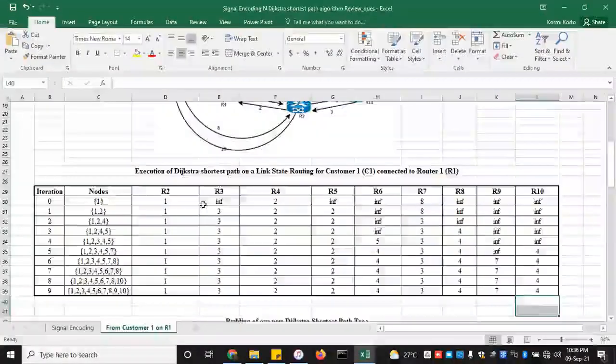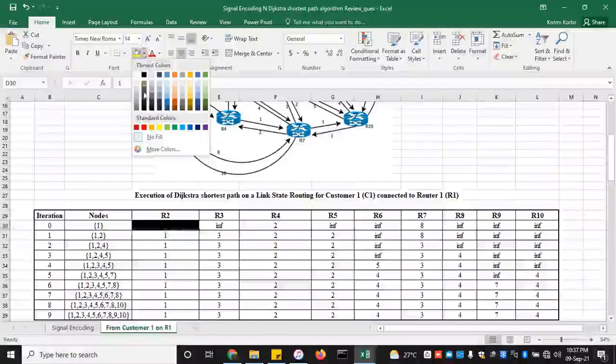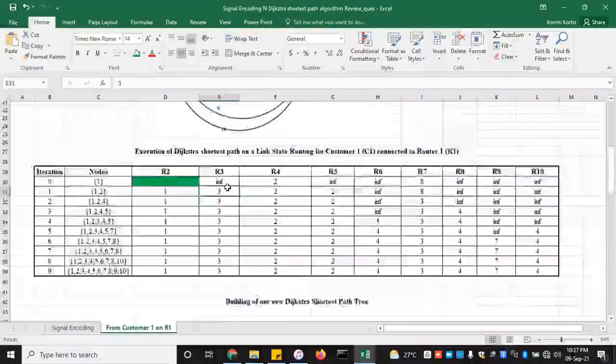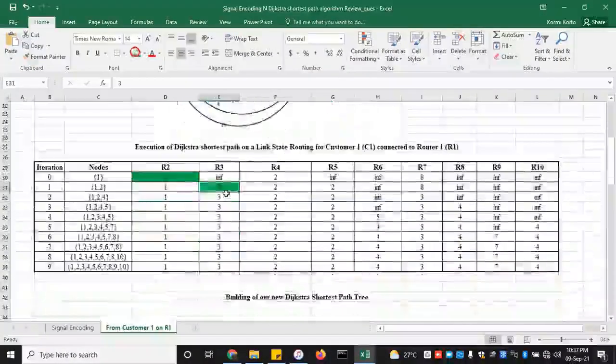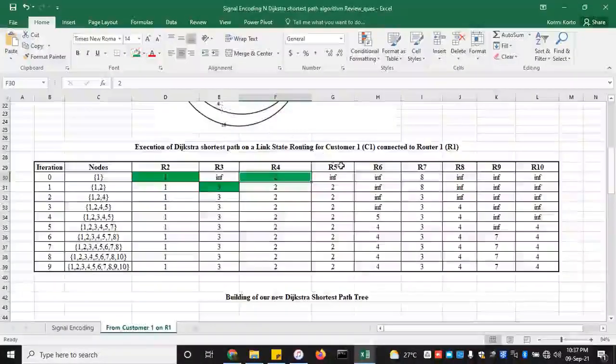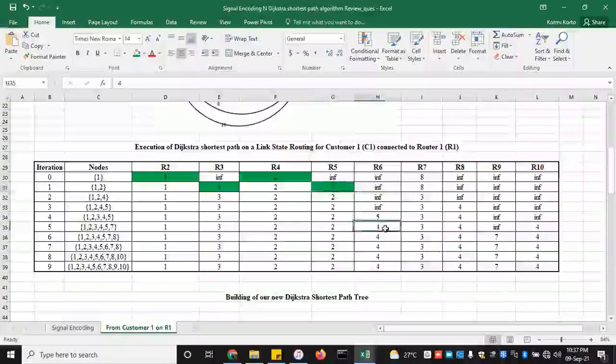So for router 2, the first one was the value. Okay, first value. Looking at 3, that is also its first value. 4, same. 5, out of this, the first is 2. Out of this, it was 5, 4, 4. So 4 was the least, so that should be this guy here.